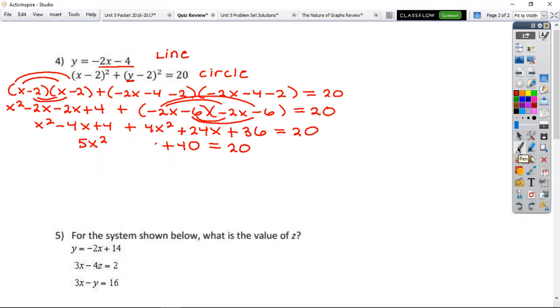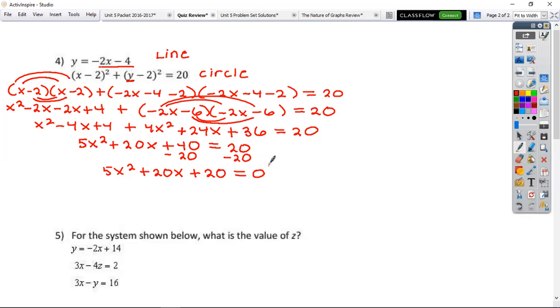Okay, so now we're going to get your quadratic equal to 0. I'm going to take my 20 over, and everything that you should see should be factorable. So I have a 5x squared plus a 20x plus 20 equal to 0.